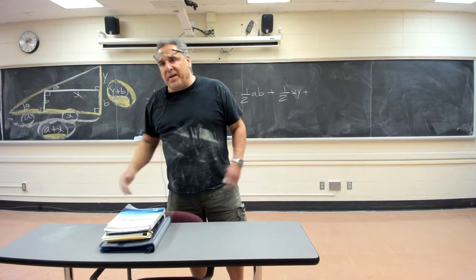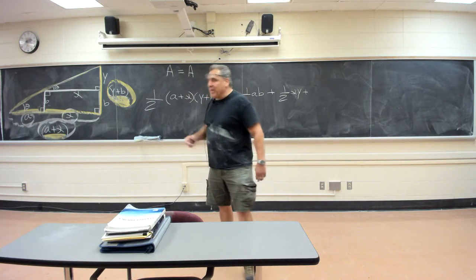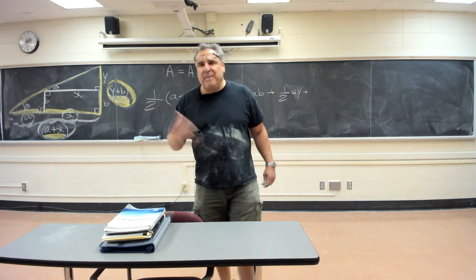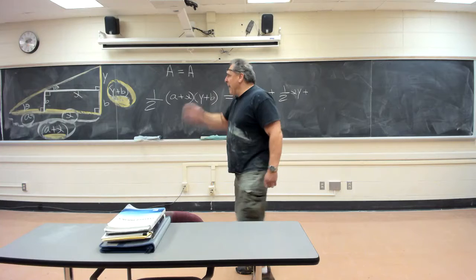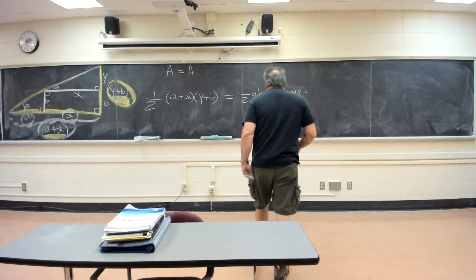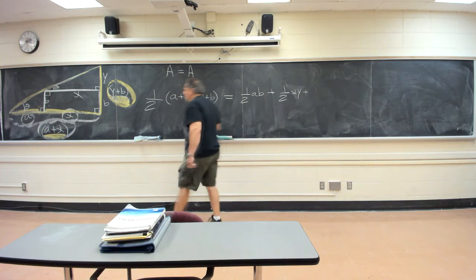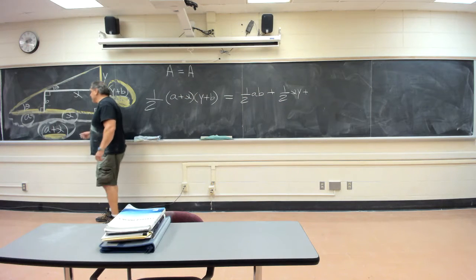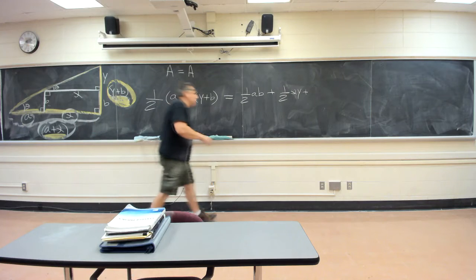Identical to the other right triangle, and they both compose the entire rectangle. What's the area of one of those right triangles? It's 1/2 base times height. It's 1/2 X times B. Yeah, but I want the whole thing. I want both of them. 1/2 XB plus 1/2 XB is just XB, or BX. Doesn't really matter. Base times height is the whole rectangular area, and that's everybody.